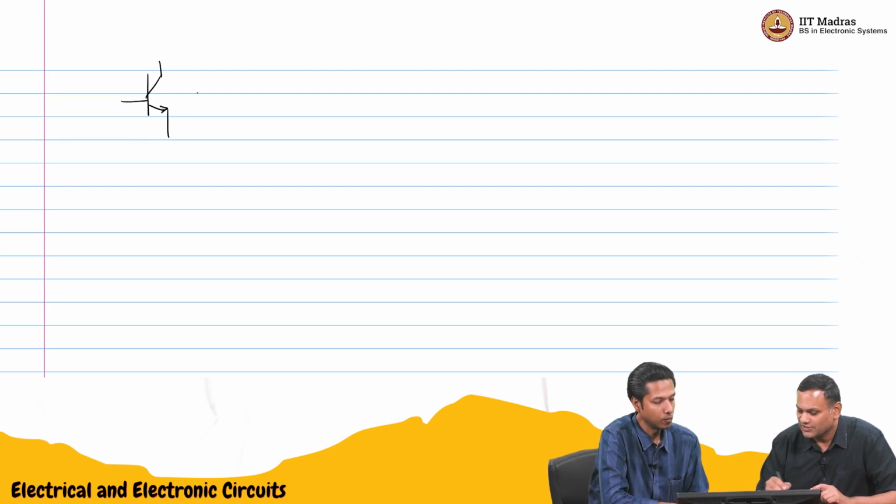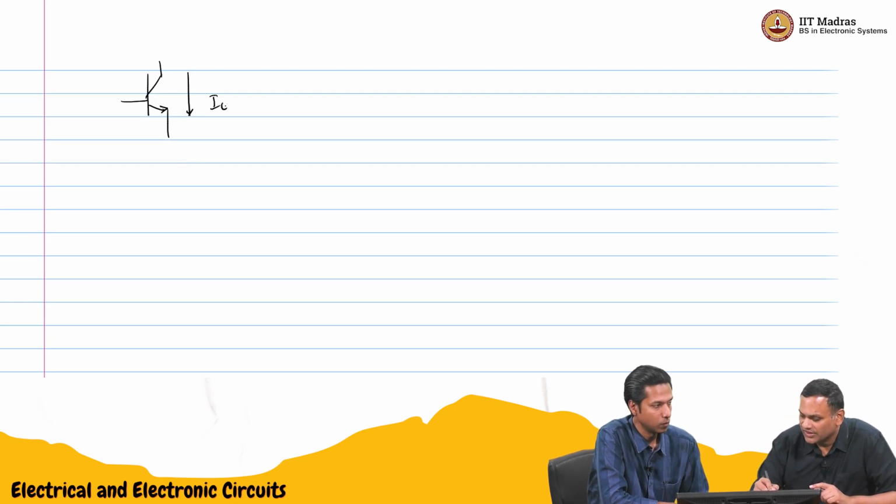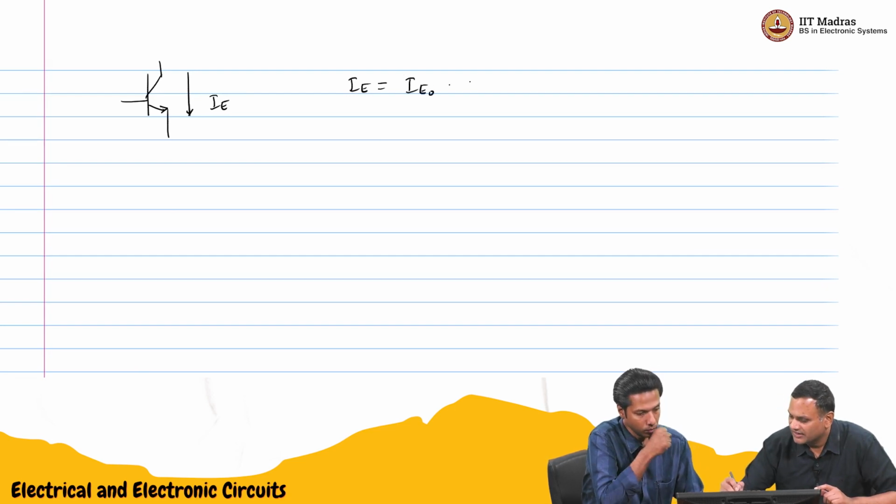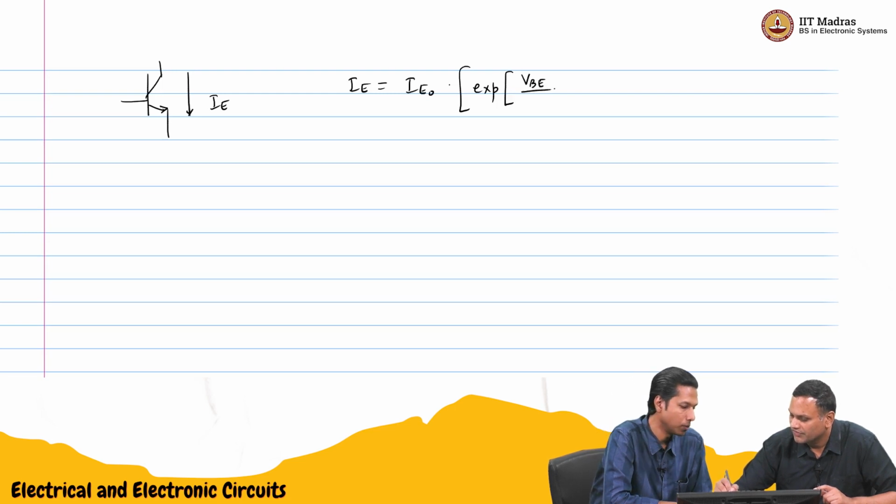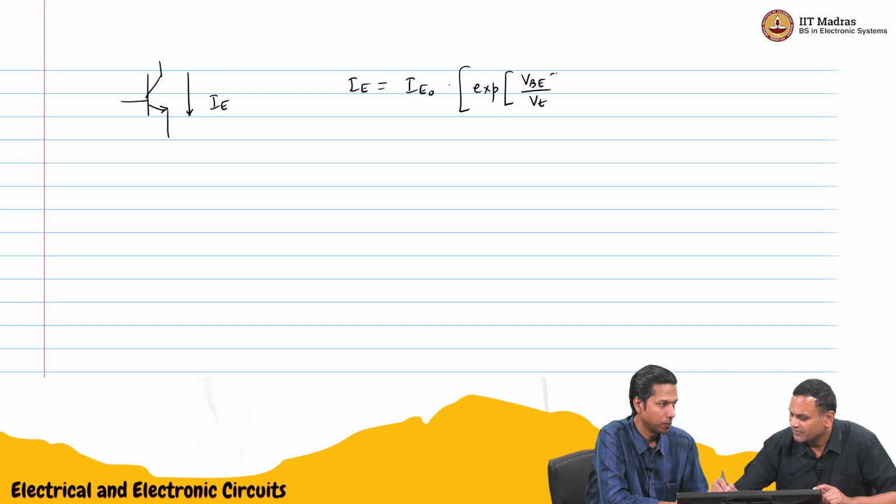So in the case of the BJT, let's say beta is very large. What we said was the emitter current and the collector current, whichever way you want to look at it, depended on some saturation current IE naught times e power VBE by VT minus 1.